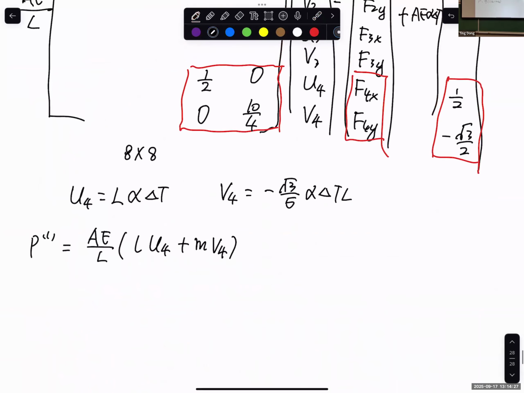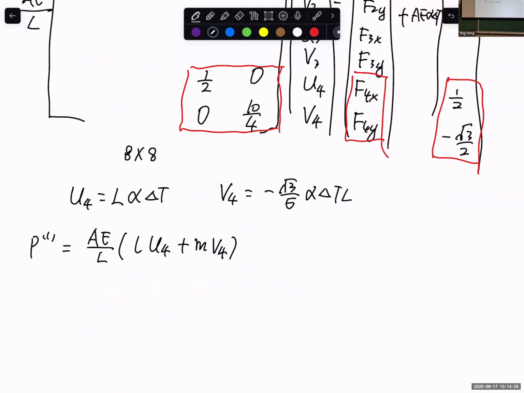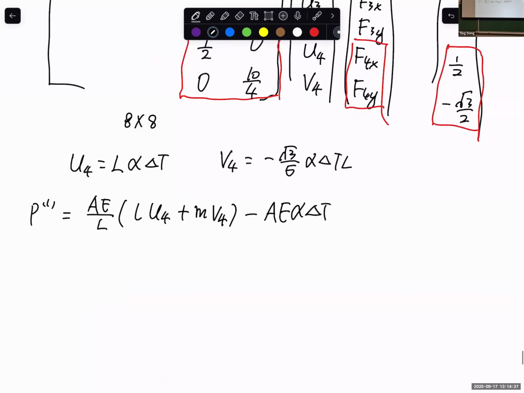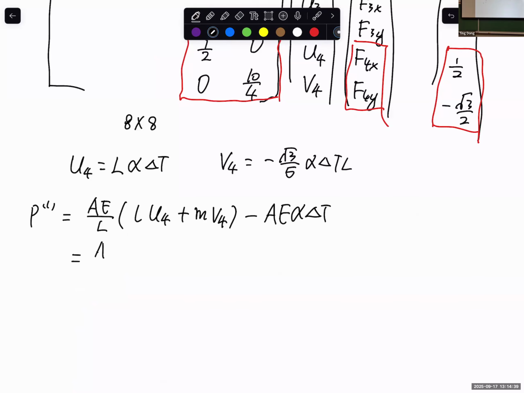So the second term is 0. And don't forget the temperature change term, because temperature change in element 1 is not 0. Let's plug in all the numbers. So we have AE over L, 1/2 L alpha delta T, and M equal to negative.